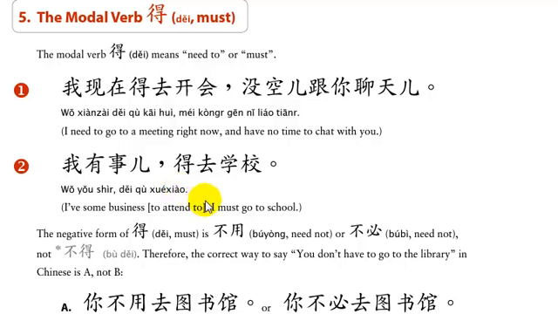Now, the negative of this, I must do something, would be 不用, I need not. You could say 我没有事，我不用去学校。I don't need to go to school. Or you could also say 我不必去学校。There's no need for me to go to school. We do not put a 不 in front of 得 to make it negative.